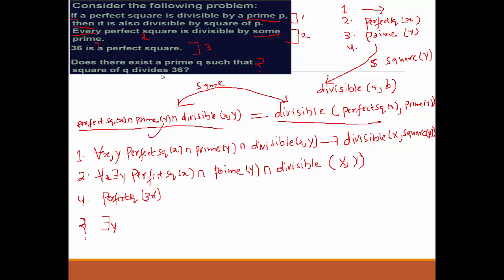And it's going to be there exists prime y such that, we know with existential we are going to have an AND operator, 36 is divisible by square of y. So this is what we have to prove.